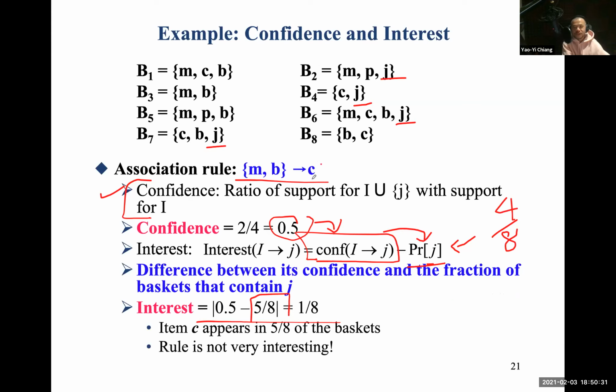Sorry, C. Great. Someone is paying attention. This should be C. So how many baskets contain C? 1, 2, 3, 4. Still 4? 5. All right, so it's 5 over 8, and you have 1 over 8, and it's not very interesting. It's a very small value.